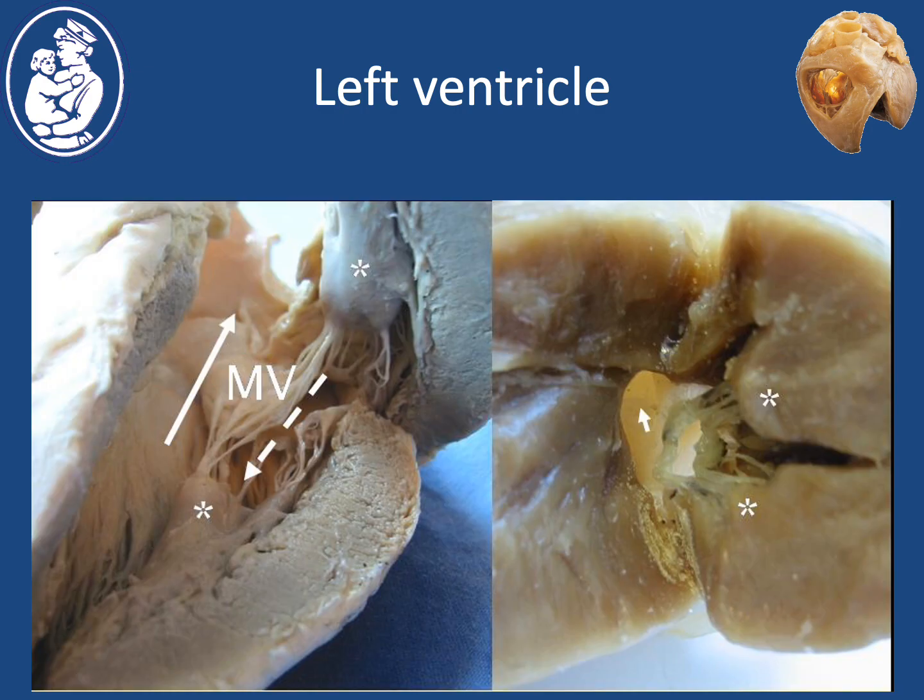The inflow tract into the left ventricle through the mitral valve is here, virtually parallel to the outflow tract to the aortic valve. This is quite different from the right ventricle, where the inflow and outflow are at nearly 90 degrees with each other. And there is an outflow tract here between the interventricular septum and the medial leaflet of the mitral valve.